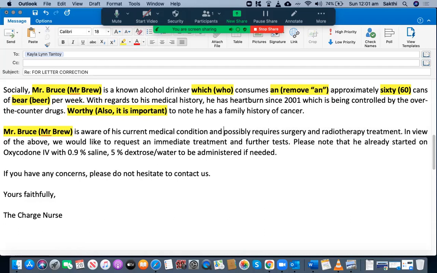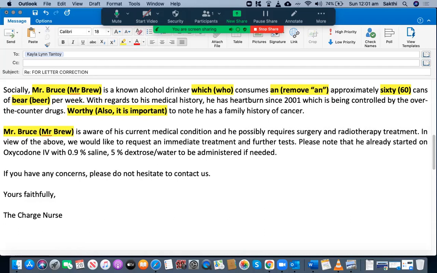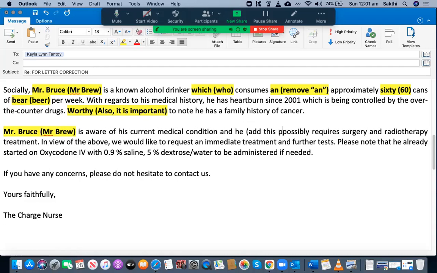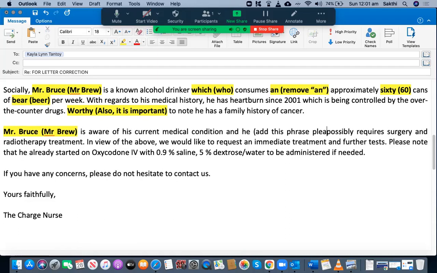So you have to use "and he." Please add this phrase. And he possibly requires surgery and radiotherapy treatment.